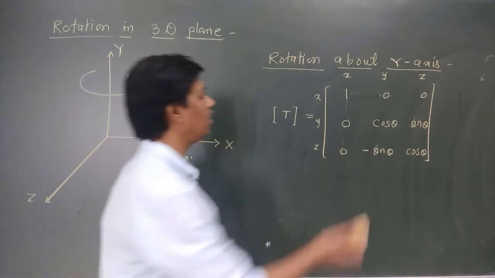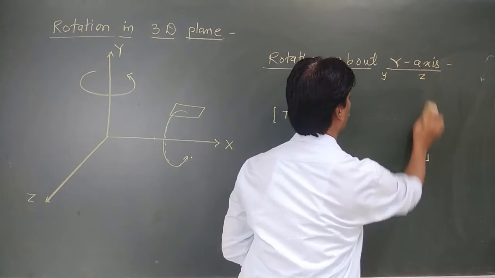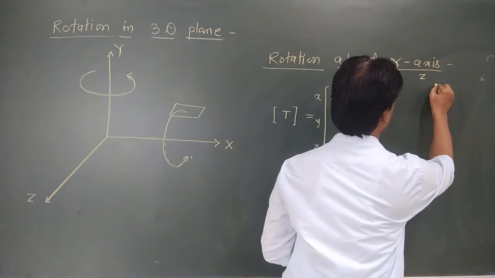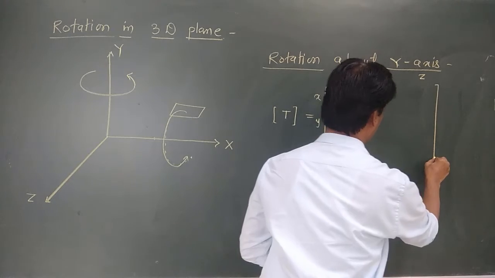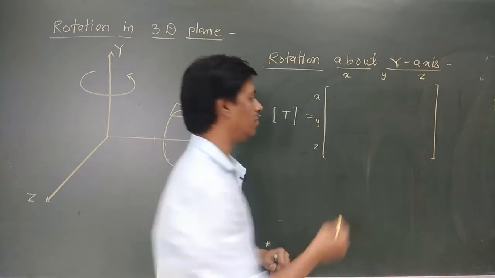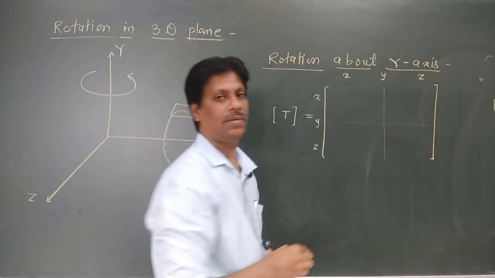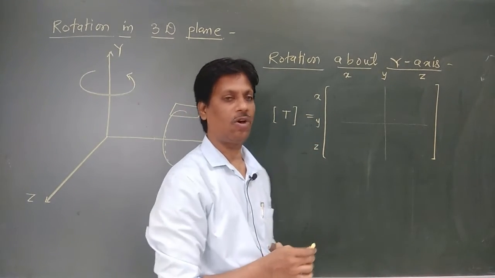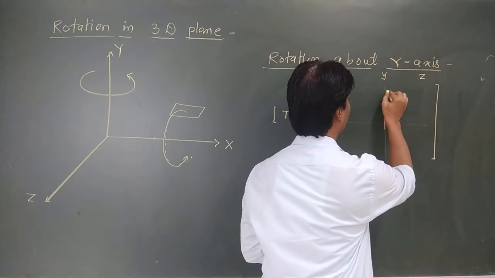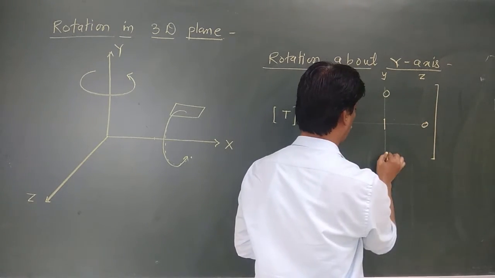Now how to write the matrix for the rotation about the y-axis? Just like that again, in the y row and y column, that means the second row and second column, the diagonal entry is 1 and the rest of the entries of that row and column are 0.